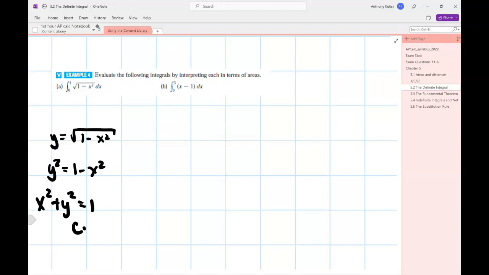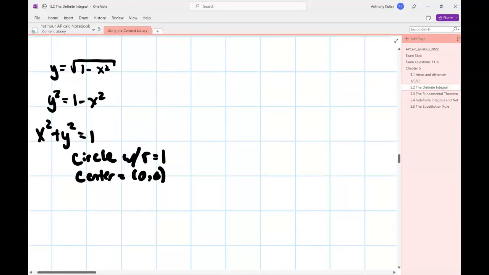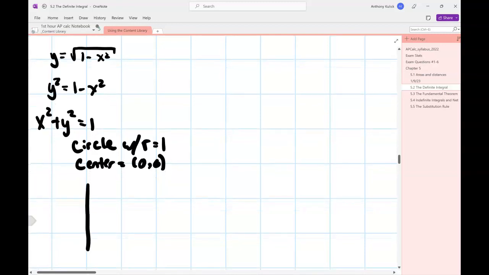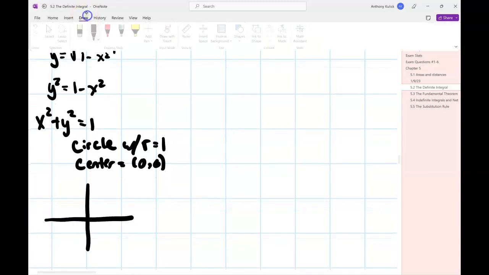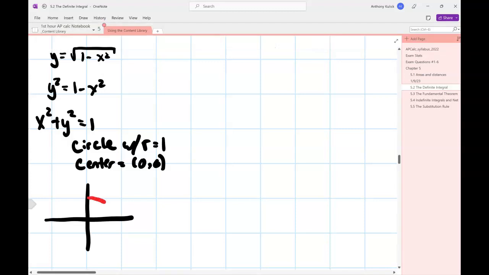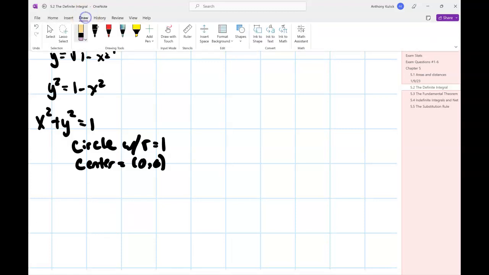Yeah, circle. What are some more details about that circle? What's the radius? 1. And what's the center? 0, 0. So if we think about this then, let me draw that a little bit better.